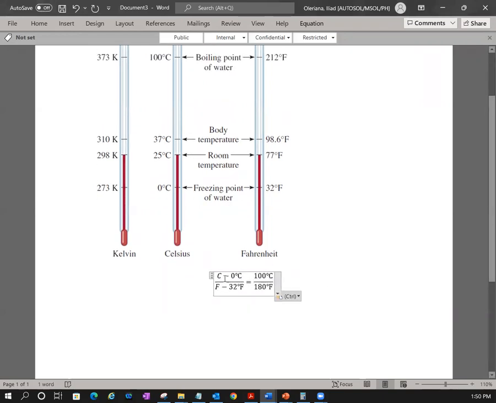So eto na. So C minus 0 degrees, ang ginawa nating reference ay yung 0 degrees. Dito naman F minus 32. That is also the freezing point. Then we have the scales, which is 100 degrees, and we have 180 degrees Fahrenheit.